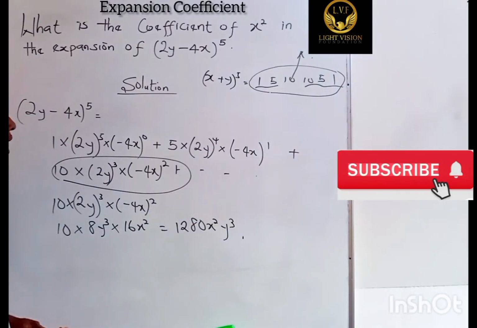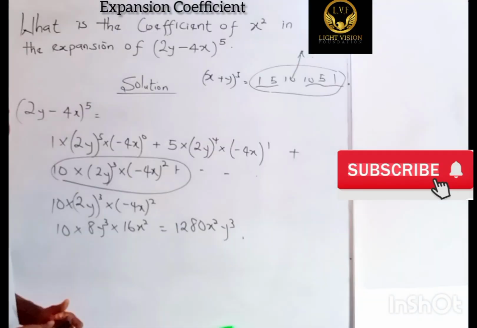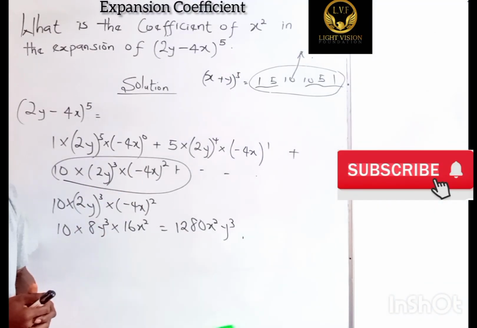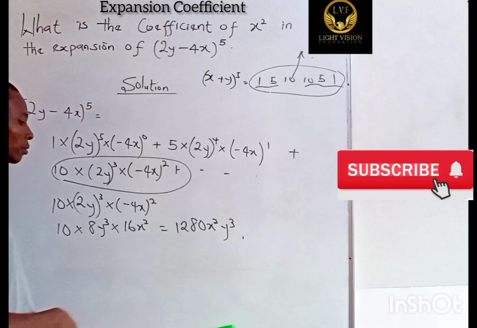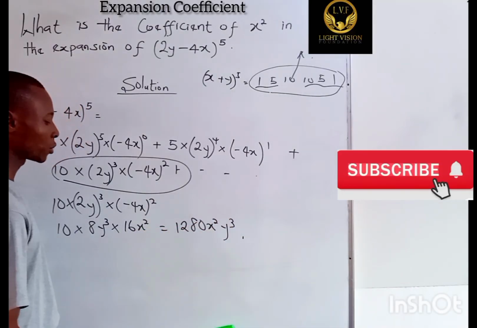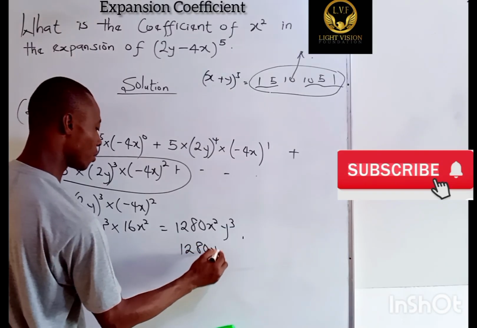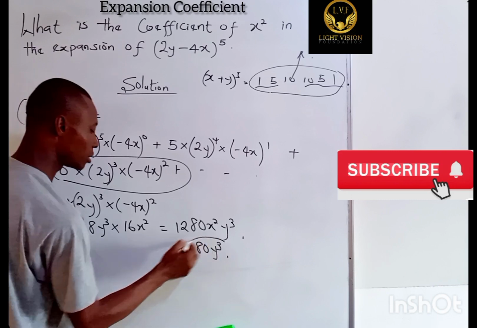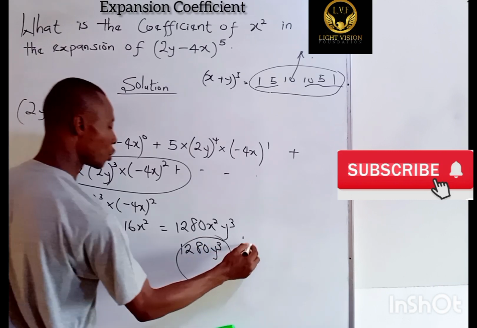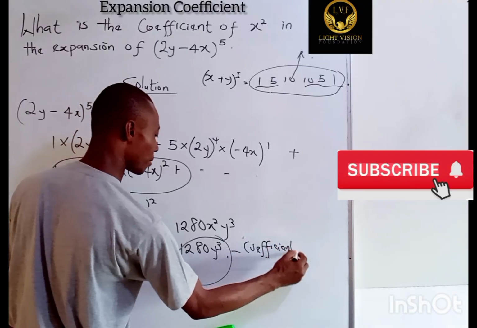So here you are asked the coefficient of x^2. The coefficient is anything attached to a variable. So here the number and the variable attached to x^2 is 1280y^3. So 1280y^3 becomes the coefficient of x^2.